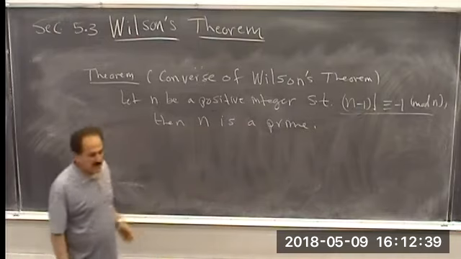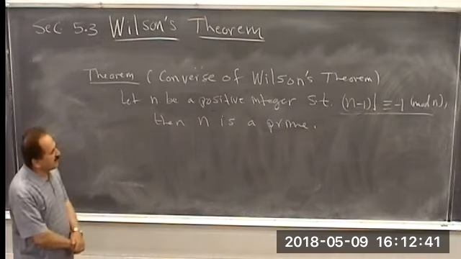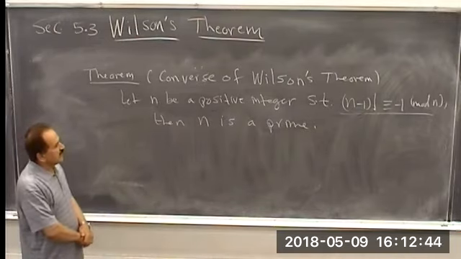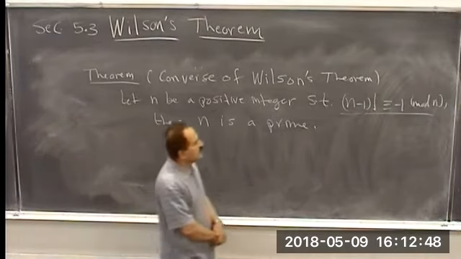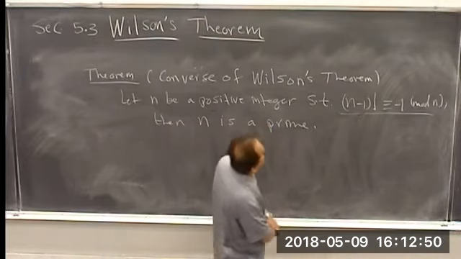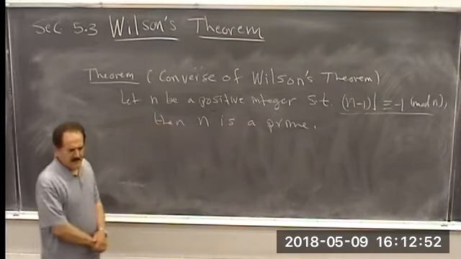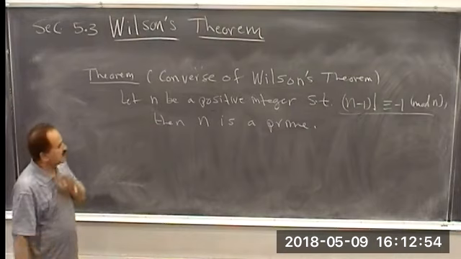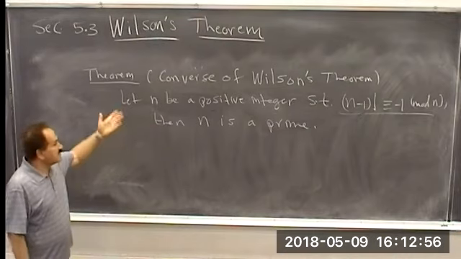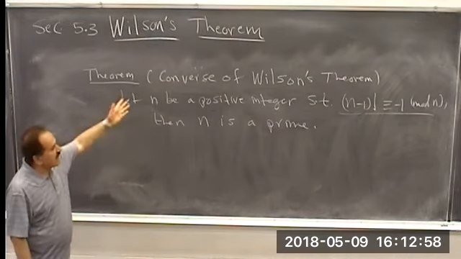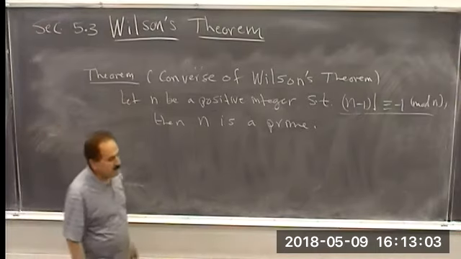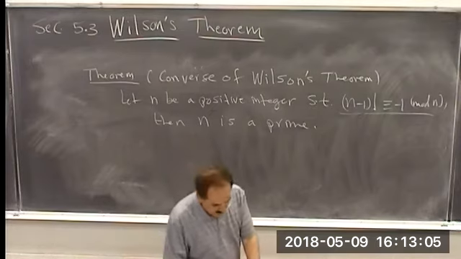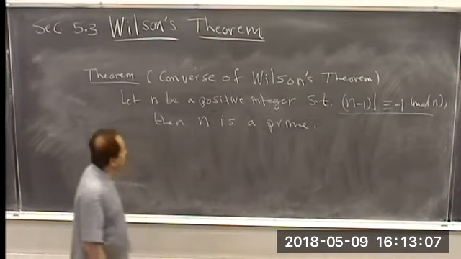As you see, the factorial grows so big that it is not feasible to calculate the factorial of a number that has 100 digits in it. So it's fine for theoretical reasons, but it's not a practical test for primality.